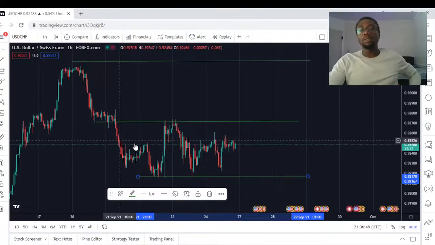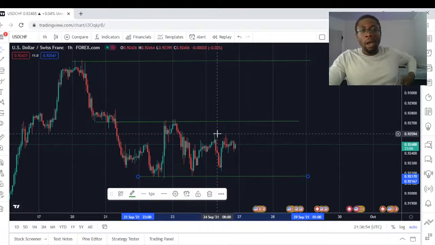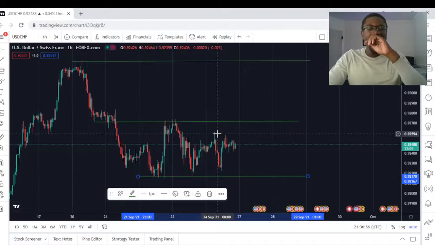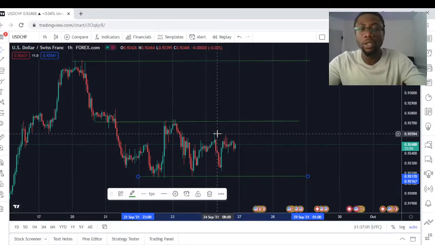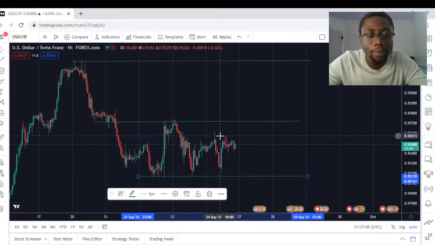There's not too many levels. There's a little bit of an intraday level right here, which is fairly close to this level right here, which is why I didn't draw it.